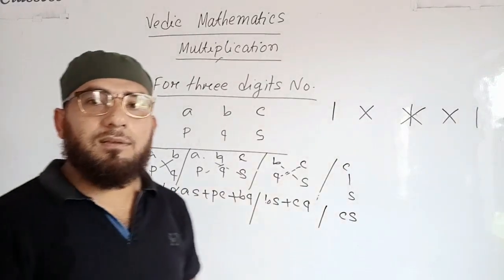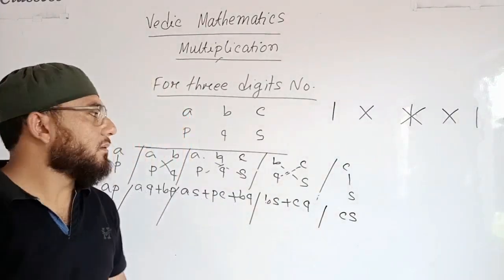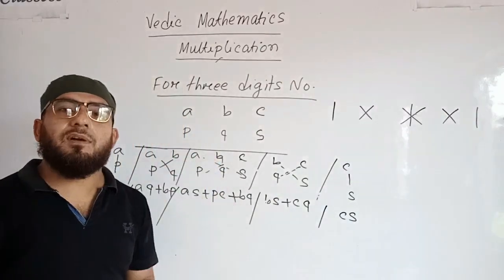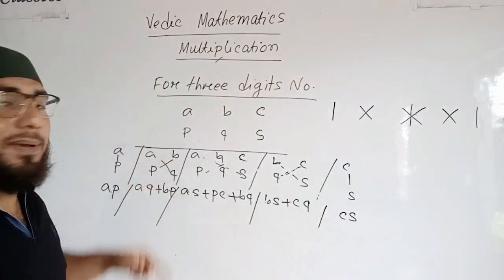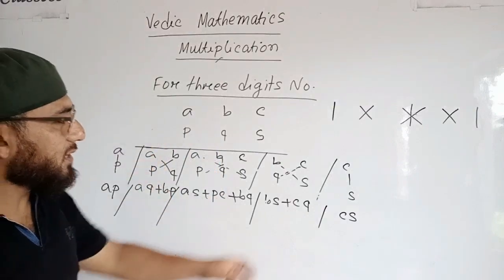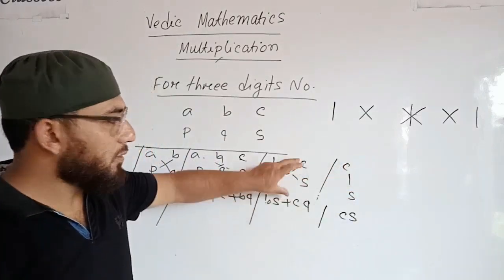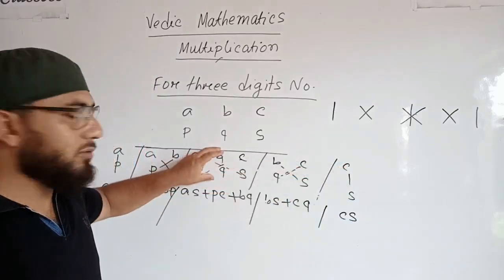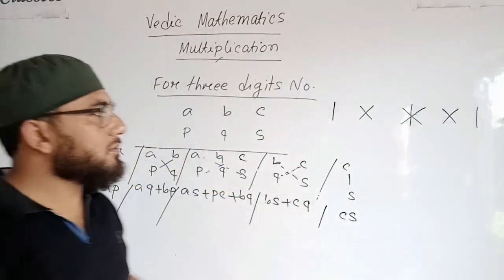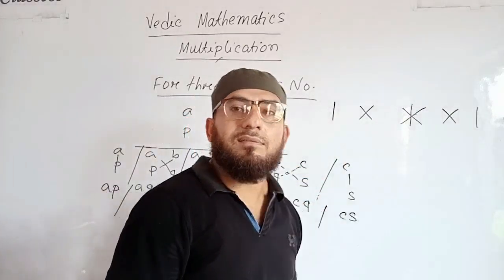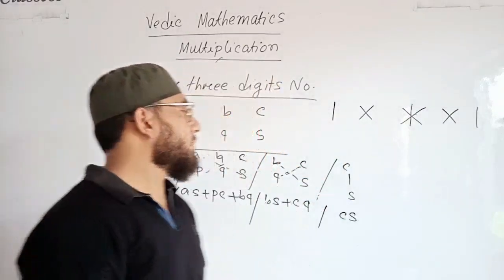So this is the procedure to find multiplication of 3-digit numbers using Vedic mathematics. So first vertical, then crosswise, then vertical with crosswise, then crosswise, then vertical. So these are total 5 operations here.